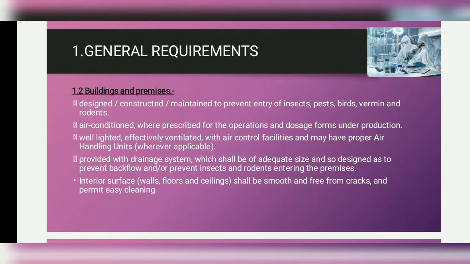It should be well lighted, effectively ventilated with air control facilities, and also have proper air handling units wherever applicable. It should also be provided with a proper drainage system of adequate size, designed so that it prevents backflow and also prevents insects and rodents entering the premises.